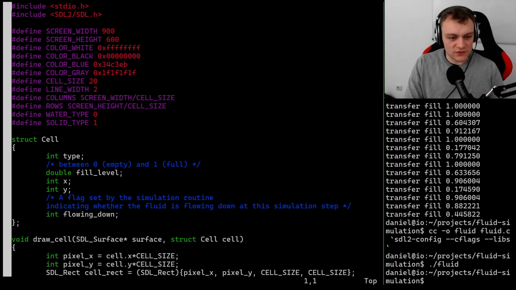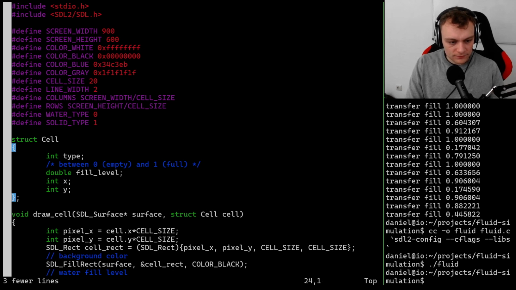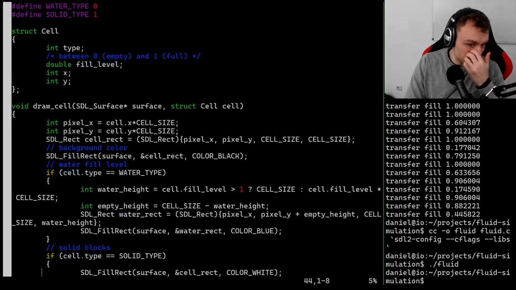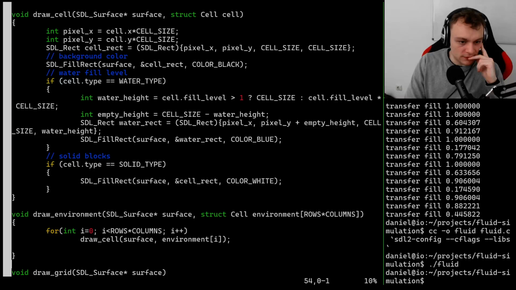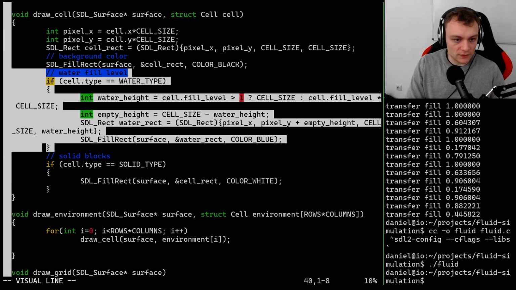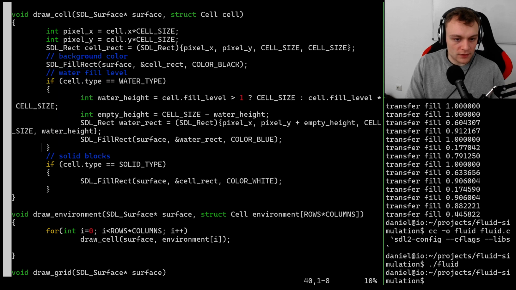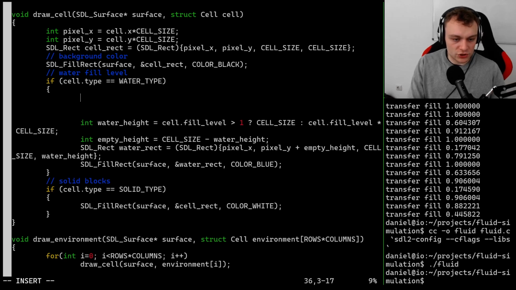No, let's make it more simple. I have a new idea. It should be a pure rendering problem. So here we determine the water fill level. And we can check, is the cell below the current cell?